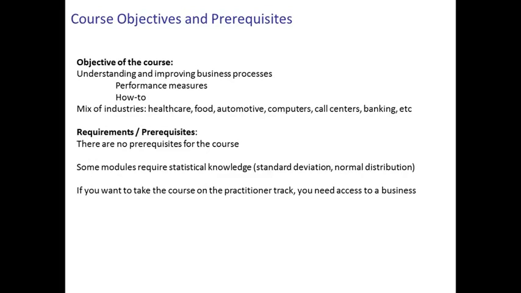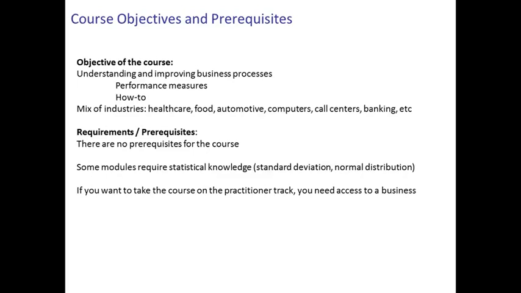It will help you change your operations with a number of goals that we've already covered in the introduction. We will do this in a range of industries. We'll have examples from healthcare, restaurants, the automotive industry, computers, banking. The idea really is that process thinking is universal and can be applied to any operation. It doesn't matter whether it's a service setting or a manufacturing setting, for-profit versus non-profits. The tools that we cover in this course are universal.